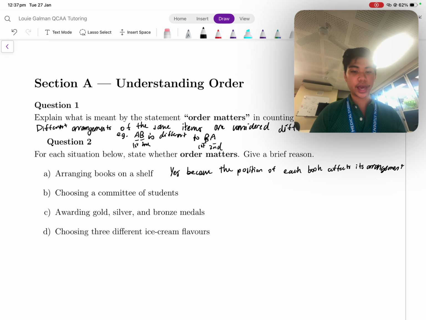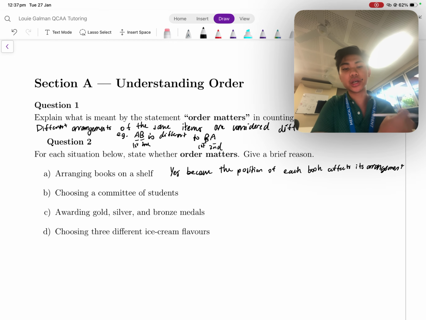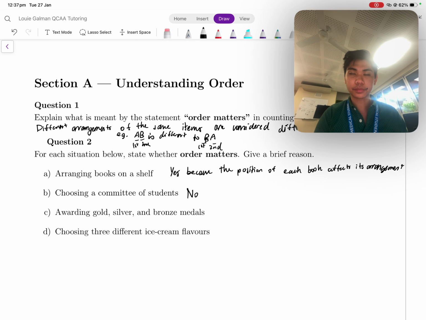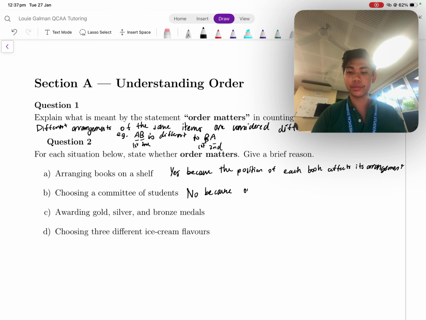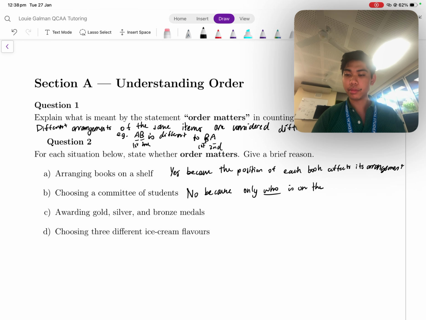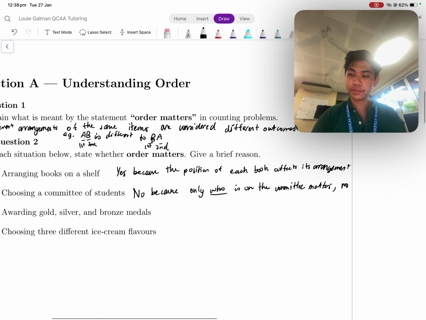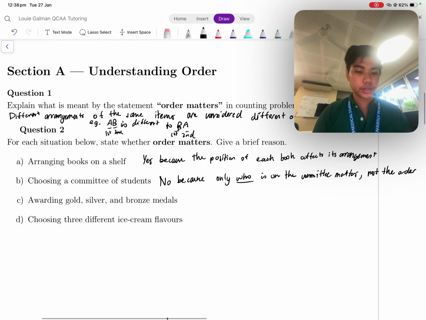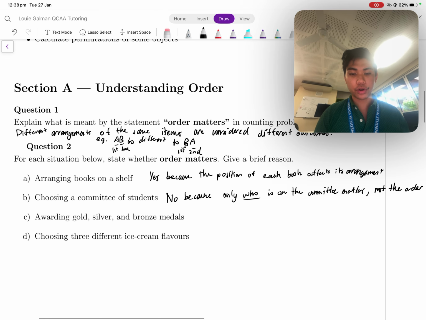Okay, choosing a committee of students, order does not necessarily matter because we only care about who is on the committee and not the order. And part C, awarding gold, silver, and bronze medals.